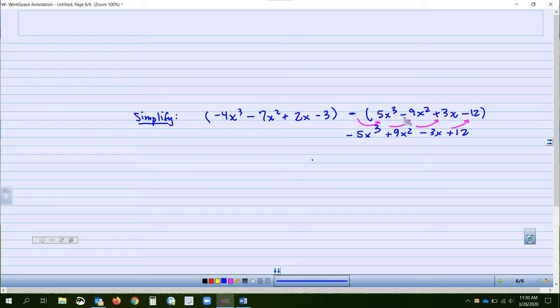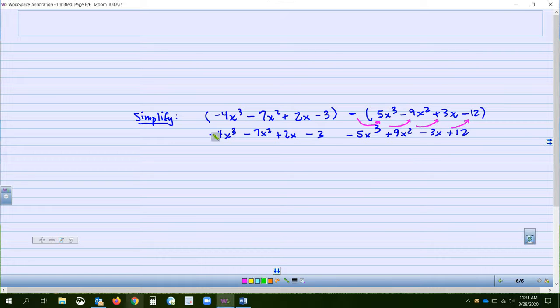But these aren't really signs, they're operations, but it ends up working out the same way. Now I have these ones over here. There's nothing out front, so I'm just going to rewrite this as negative 4x cubed minus 7x squared plus 2x minus 3.